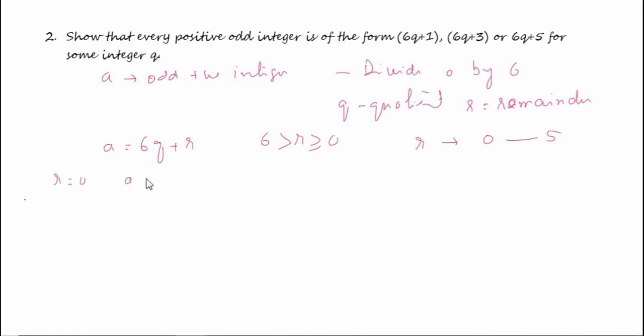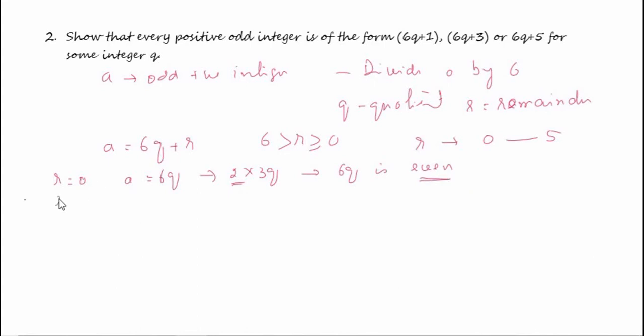So when r equal to 0, a equal to 6q, which I can write as 2 into 3q. So 2 is a factor of 6q. So if 2 is a factor of 6q, then 6q is even. That means any number, if you can divide by 2, then that is an even number.